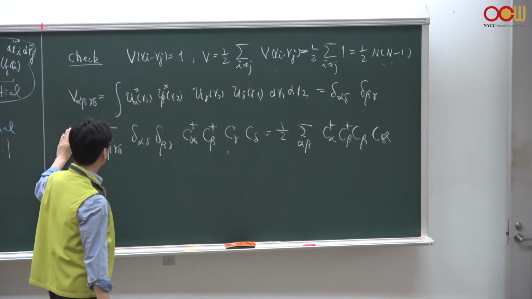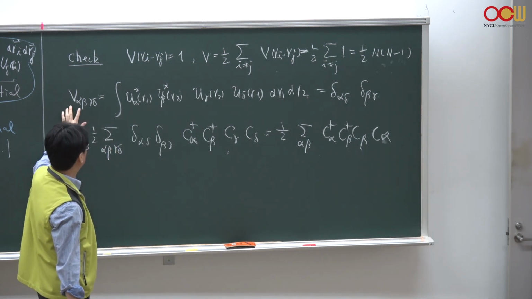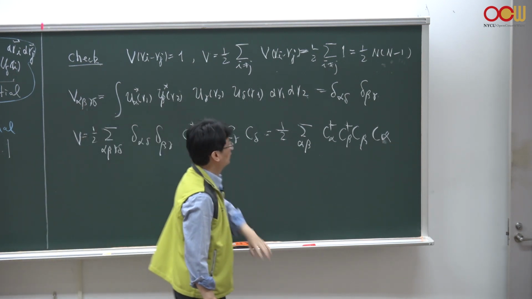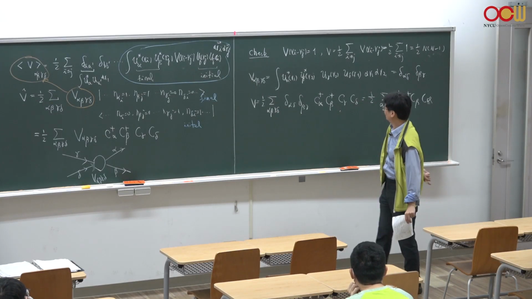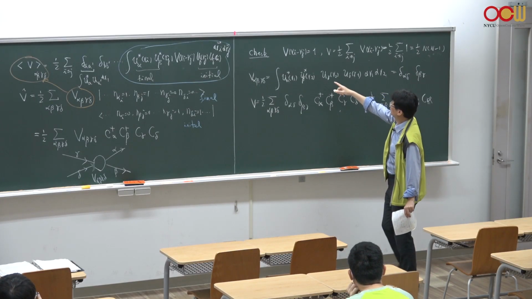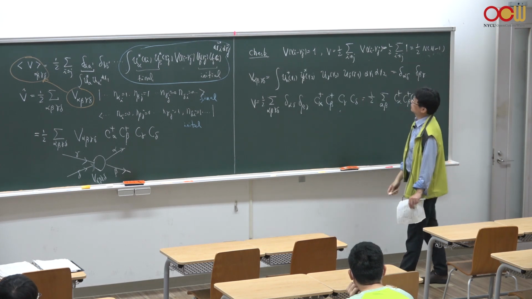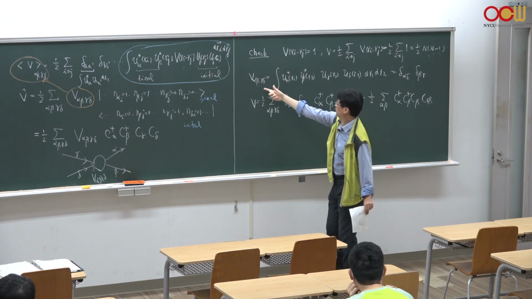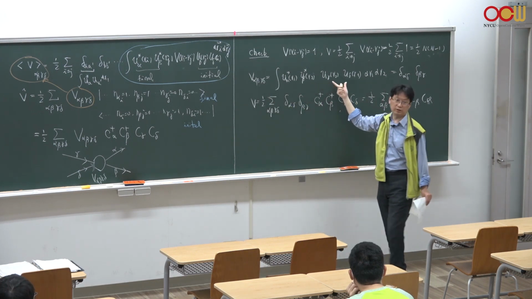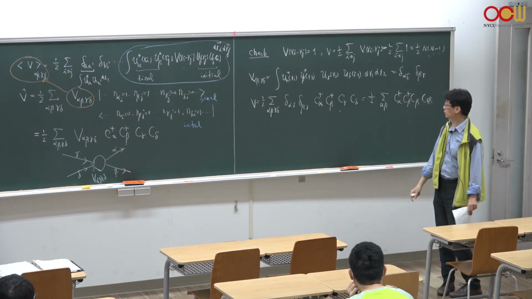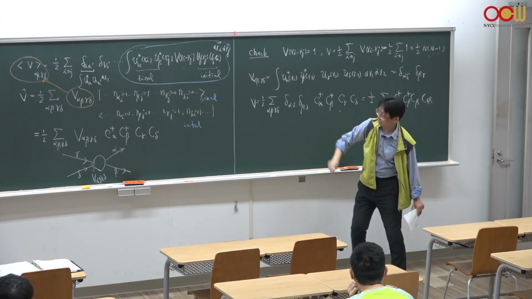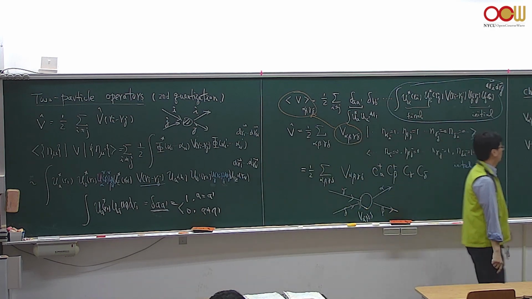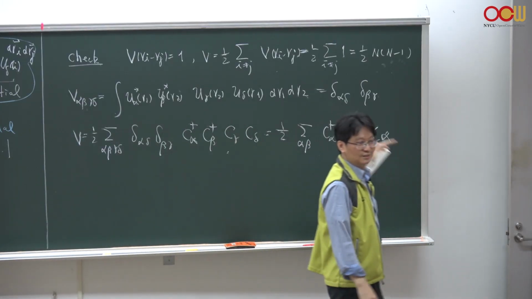Before we sum over these four indices, let's calculate the matrix element V alpha, beta, gamma, delta. We plug in the formula over there, and we know that this potential energy or interaction strength is just a constant 1, and therefore the matrix element is nothing but the overlap integral between these two initial and final states. And because of these orthonormal conditions, we simply plug in the orthonormality and get two delta functions.